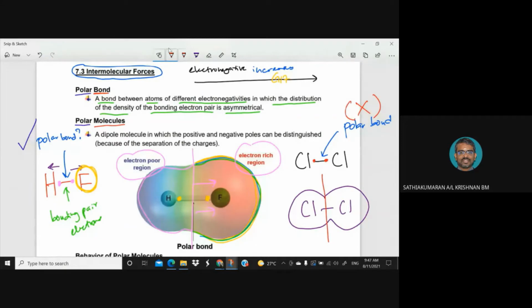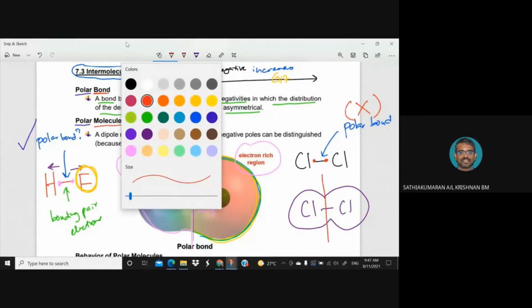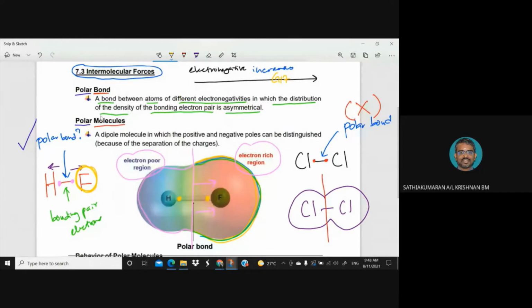Now let us see polar molecule. We already studied polar bond, now let us study polar molecule. When we call polar molecule: a dipole molecule in which the positive and negative poles can be distinguished because of the separation of the charges.